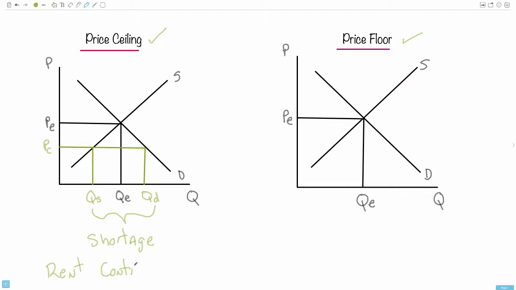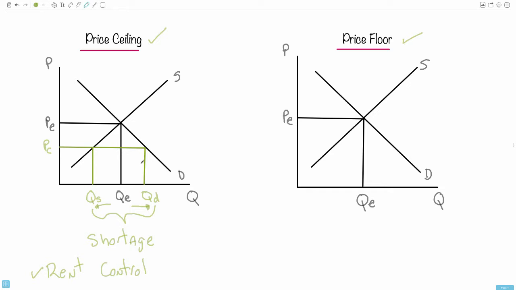So in the case of apartment complexes, sometimes the government says, instead of charging $800 a month, you have to charge only $300 a month. And of course, some landlords are going to say, I am not going to rent my apartments. They're going to reduce the amount of apartment supply. And of course, those willing and able to pay $300 are going to be larger in number, leading to a shortage of apartments.